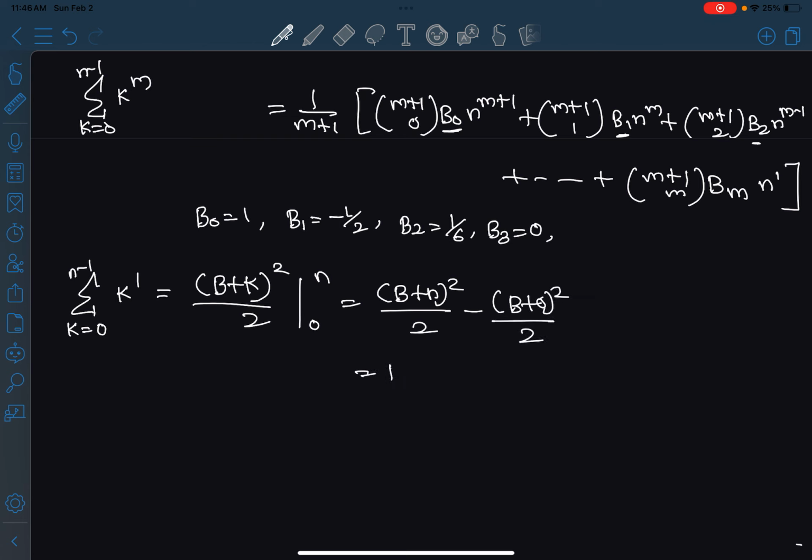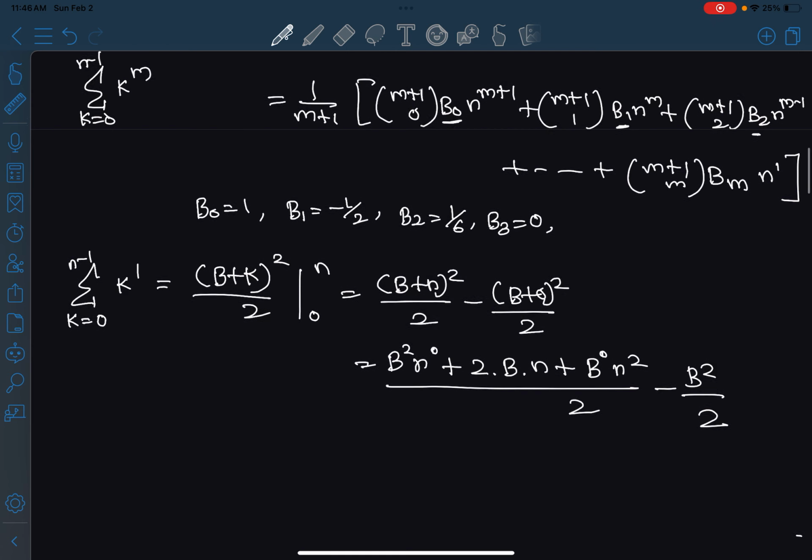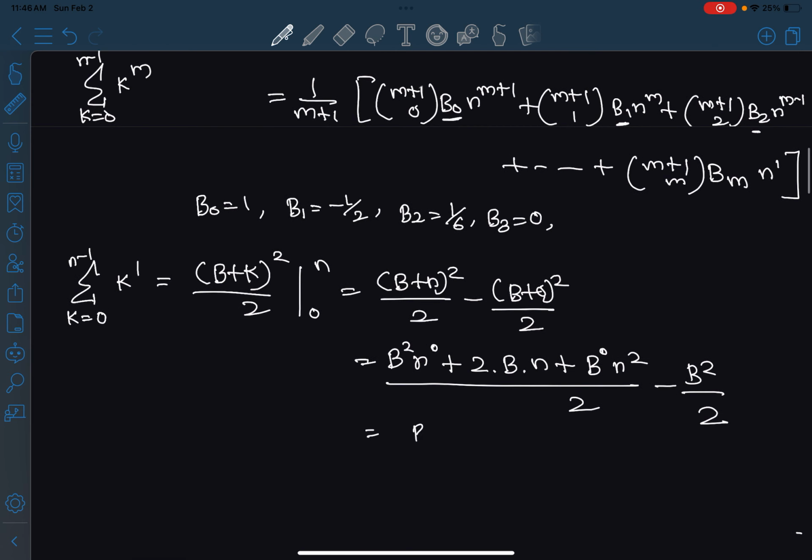Now this is just b squared n to the power 0 plus 2bn plus b to the power 0 and n squared by 2 minus b squared by 2. Actually, b sub 0 is 1, so it's just like b to the power 0 being 1. Yeah, that doesn't really matter. So now this is just b squared plus 2bn plus n squared minus b squared by 2.